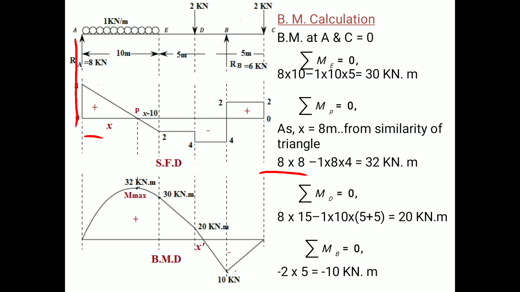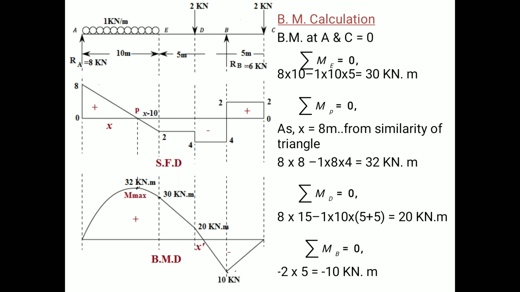Therefore reaction into perpendicular distance is 8. So 8 into 8 minus 1 into 8 into 4. UDL will act over the span of 8 meter only. Therefore minus 1 into 8 into 4, which is equal to 32 kilonewton meter. So we have maximum bending moment at point P because at that point shear force is 0.